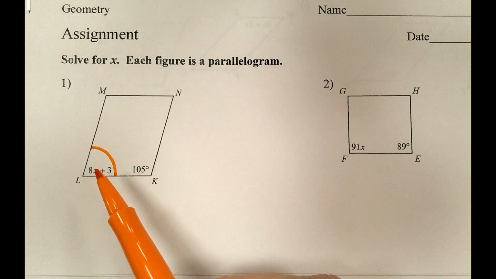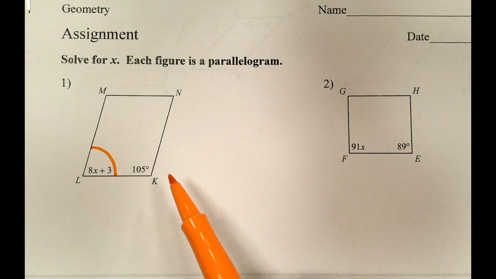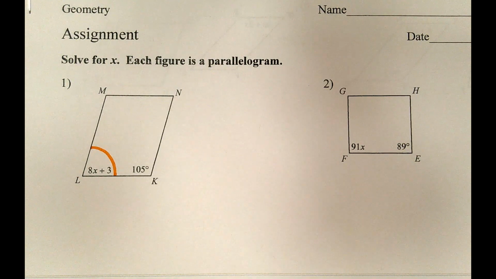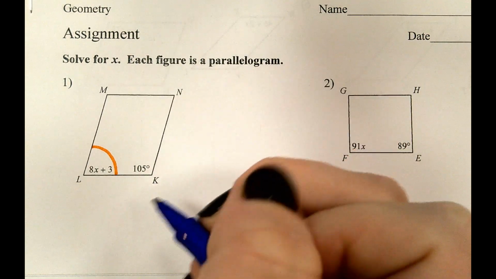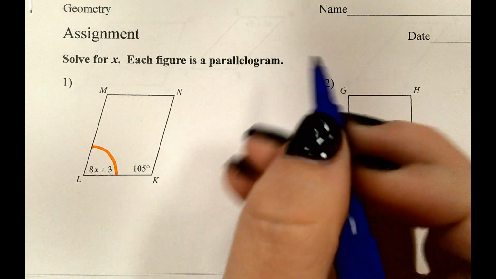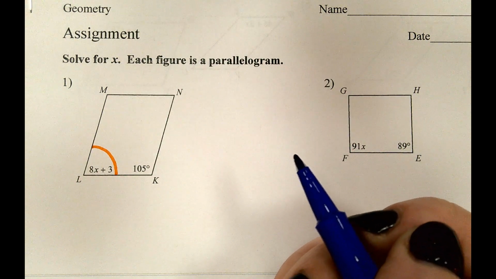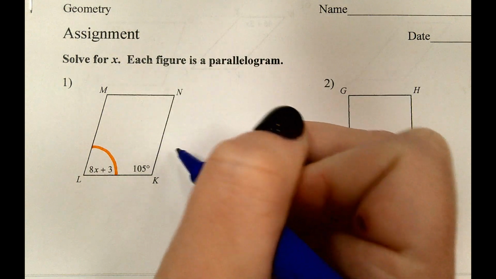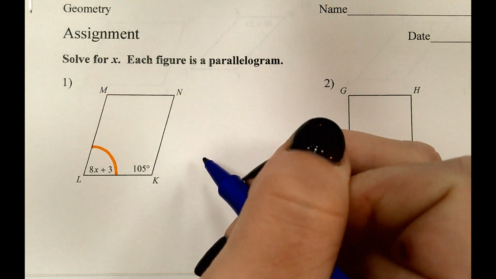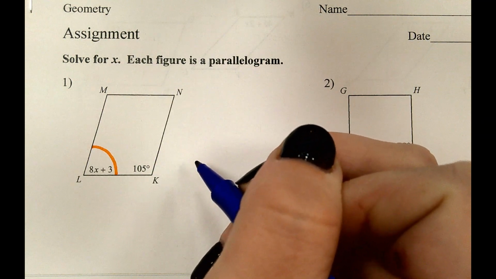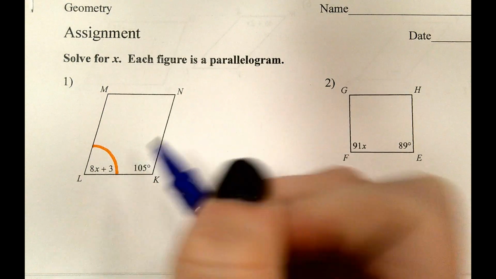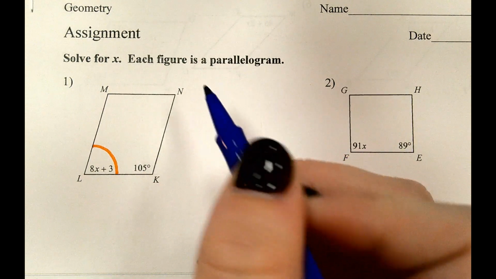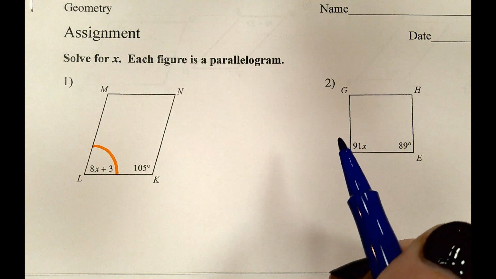How is 8x plus 3 related to 105? Will they be equal, or will they add up to 180 degrees? Here's a good question. Are they opposite angles, or are they consecutive angles?